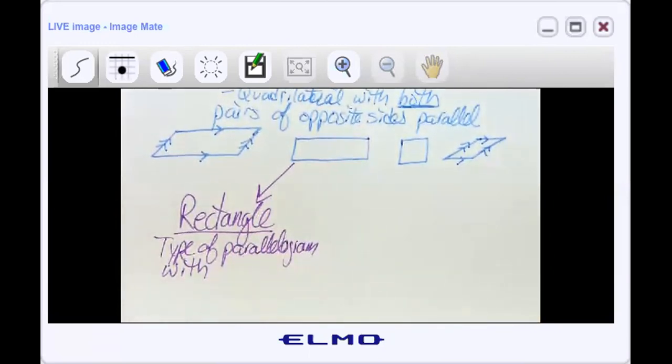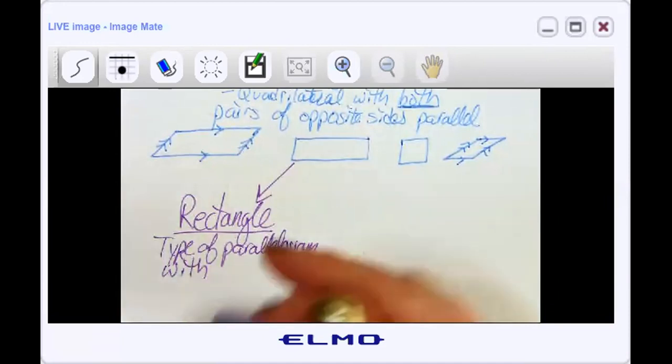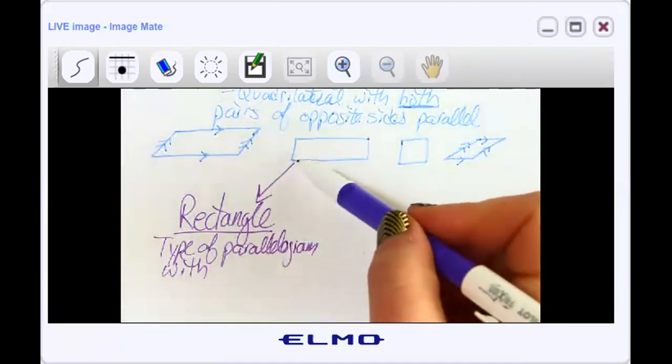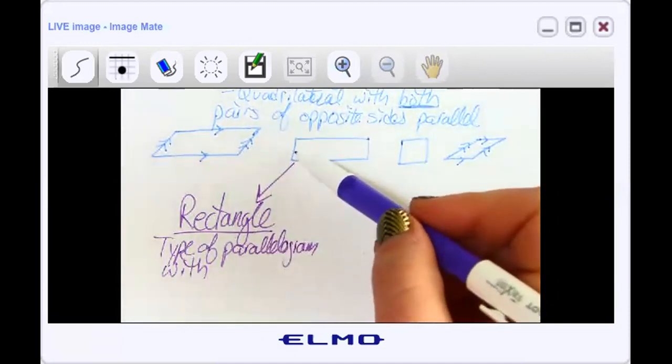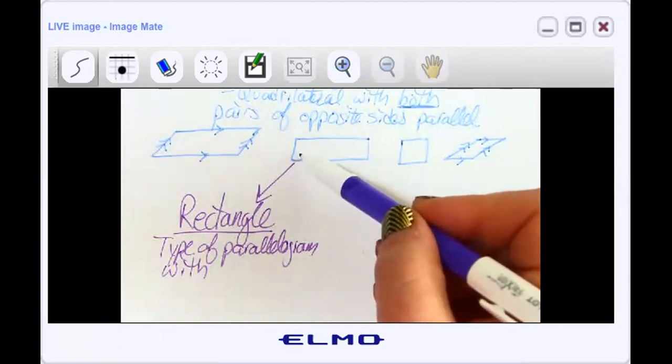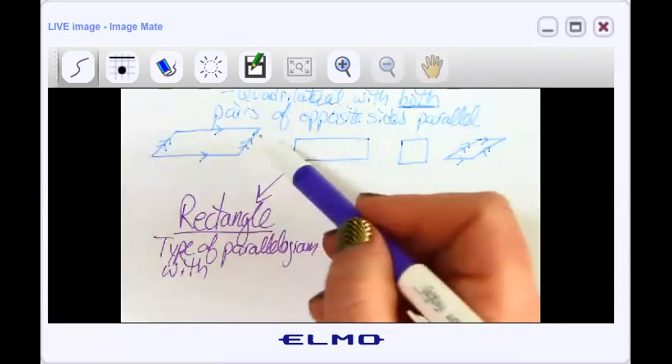Anybody know? What makes this different from this? What does this guy have that this one doesn't? They're all straight. Yeah, I get what you're talking about. It has to do with your angles. These are all slanty, right?